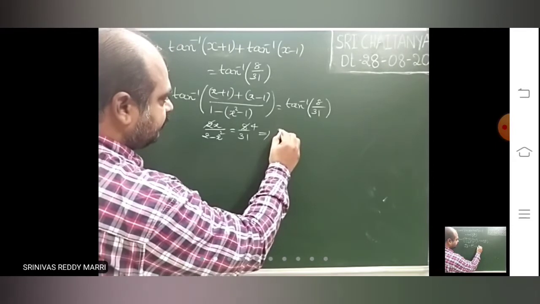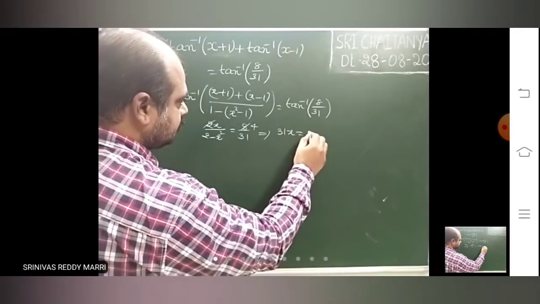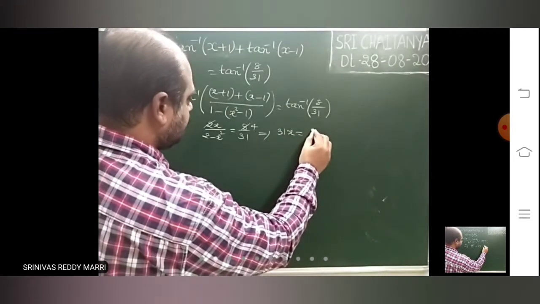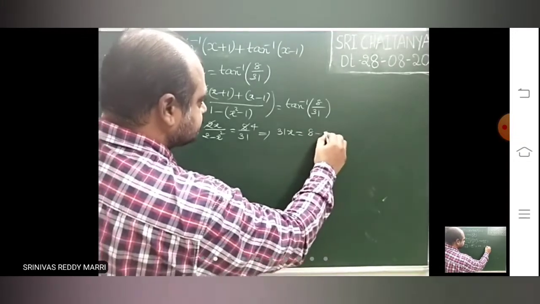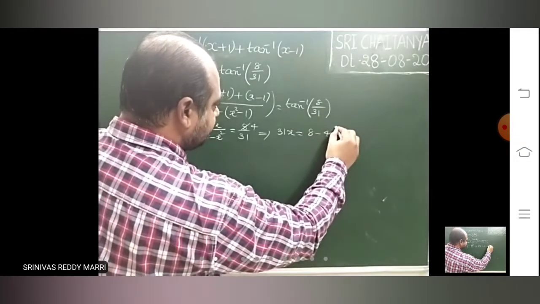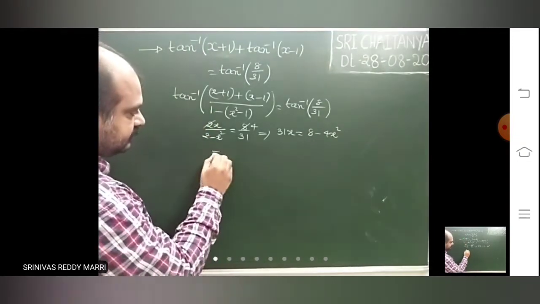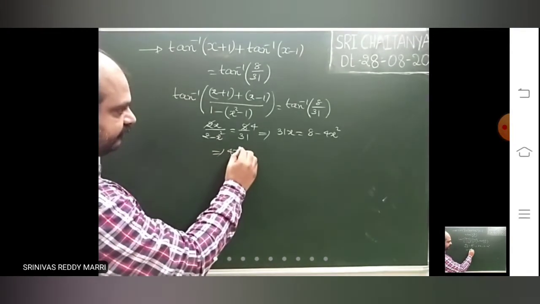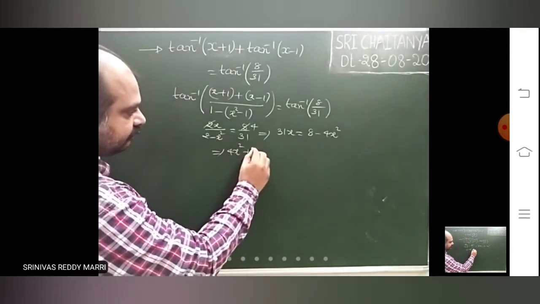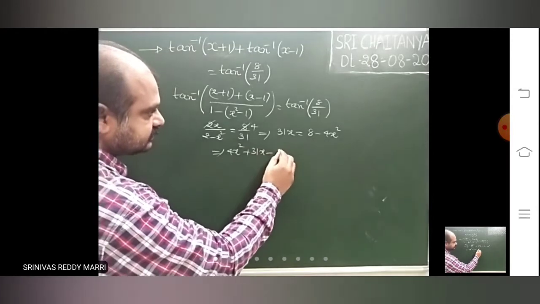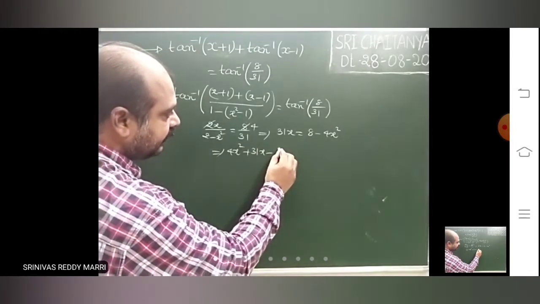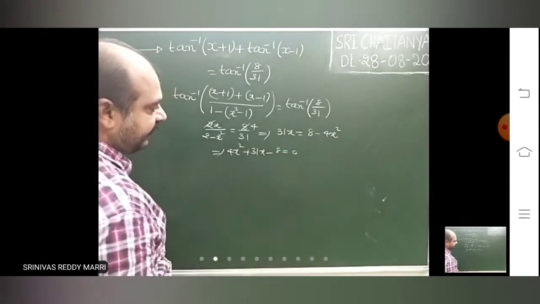Right? You will get 31x equal to 8 minus 4x square. That means you will get 4x square plus 31x minus 8 equal to 0.